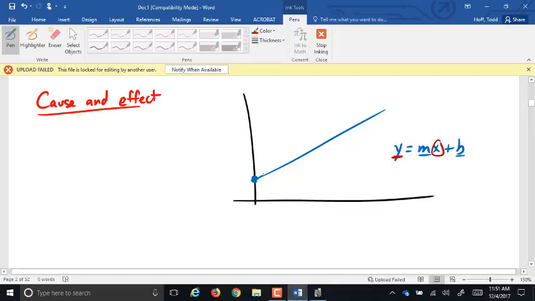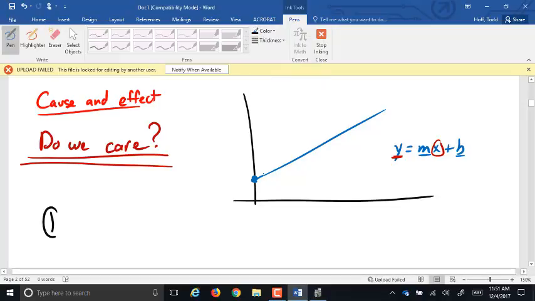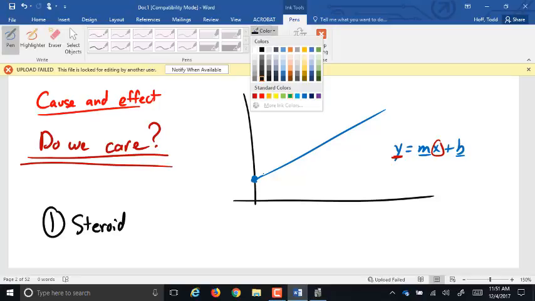They might both be caused by some third thing that causes them to change together. So the question really comes down to, do we care? So if we look at the first study, the steroid use, there are a couple of possibilities here.